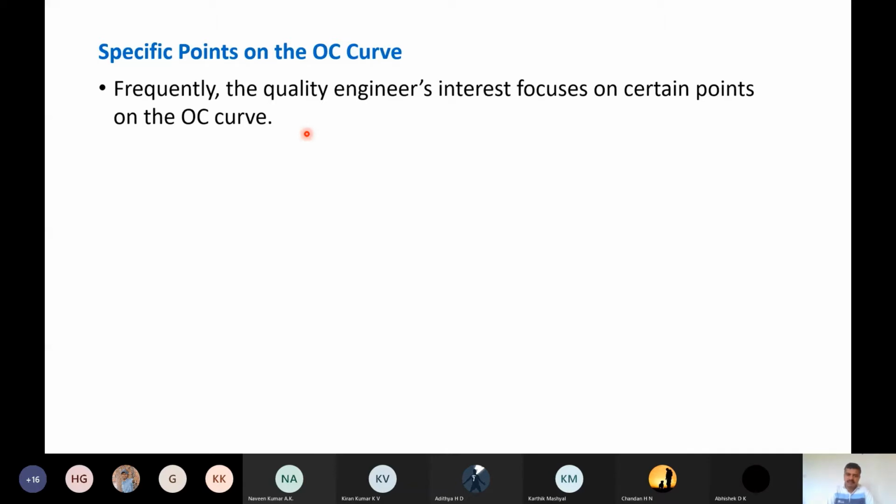They will first fix to what probability of acceptance we should consider, and then what quality level we should maintain. That means around which value we need to keep this lot fraction defective. Based on those things they will make a decision and put their resources.